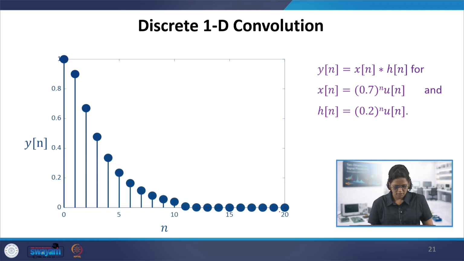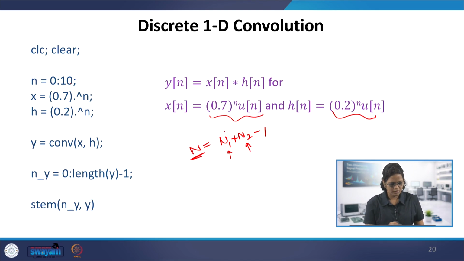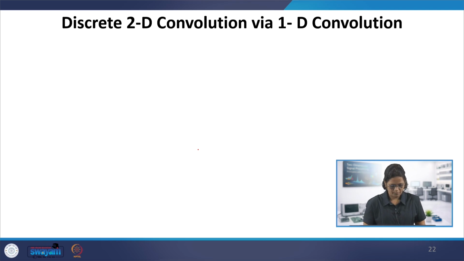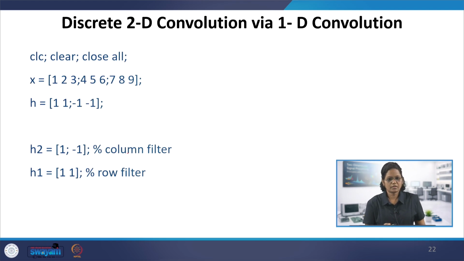So n is now 0 to 20, since here we have 11 points, 0 to 10, plus another 11. So 22 minus 1, that is, there are 21 points here. That's what is shown over here. So n1 is 11 points and n2 is 11 points, and 22 points minus 1 gives 21 points, which are plotted for 0 to 20 in the case of the convolved sequence. That is, y is going to be between 0 and 20.